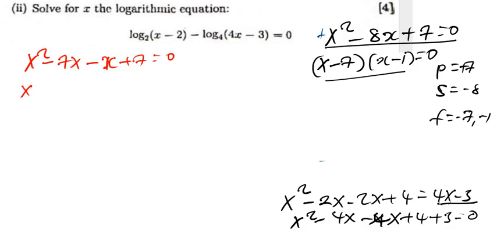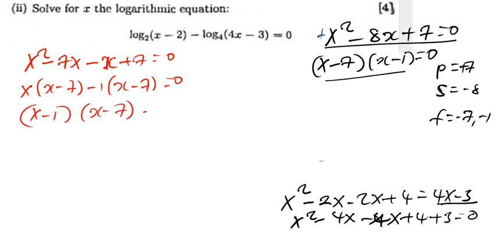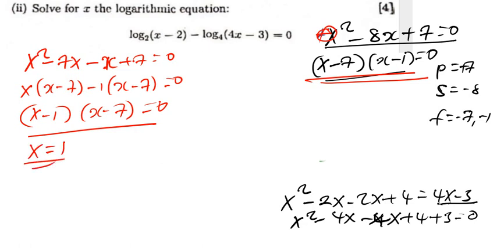Factor out x, then here factor out negative 1, to get x minus 7. So I've got x minus 1 and x minus 7 is equal to 0. This part is the same as this part. This can only work when this is positive 1. So x is equal to 1, shifting x to the other side, and also x is equal to 7.